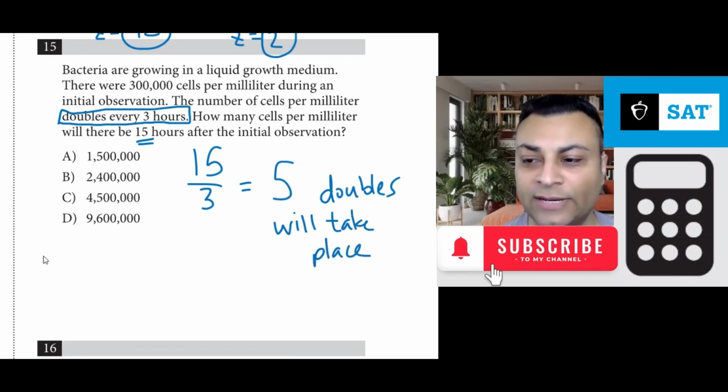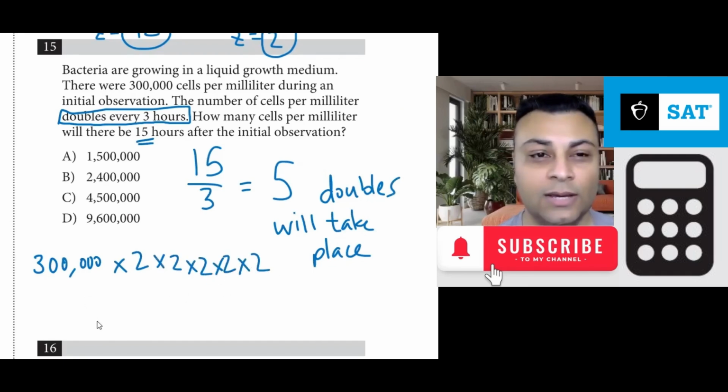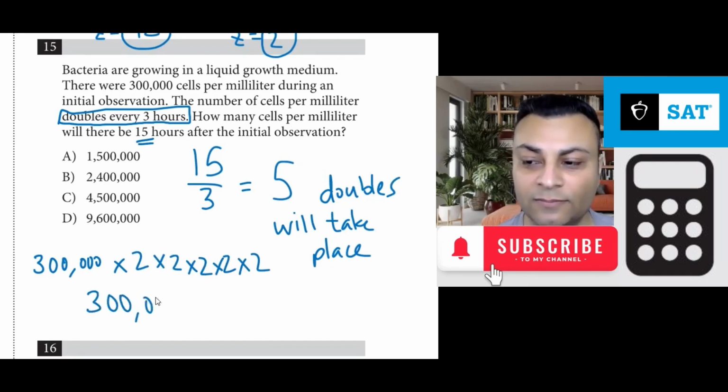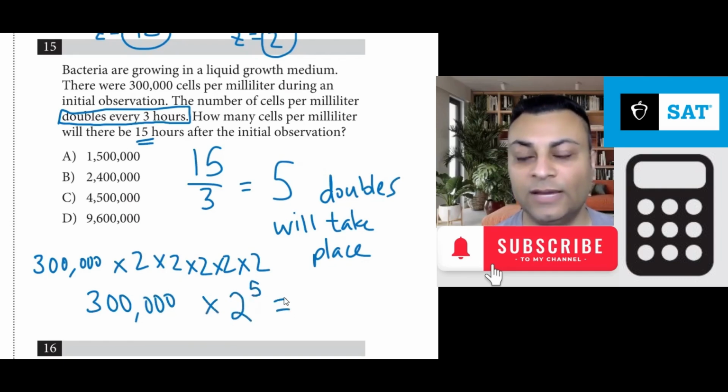So we have to do 300,000 times 2, but 5 times. That's once, a second time, a third time, a fourth time, a fifth time. A much more convenient way to write this is 300,000 times 2 to the 5th. And for that, we can get the calculator out.